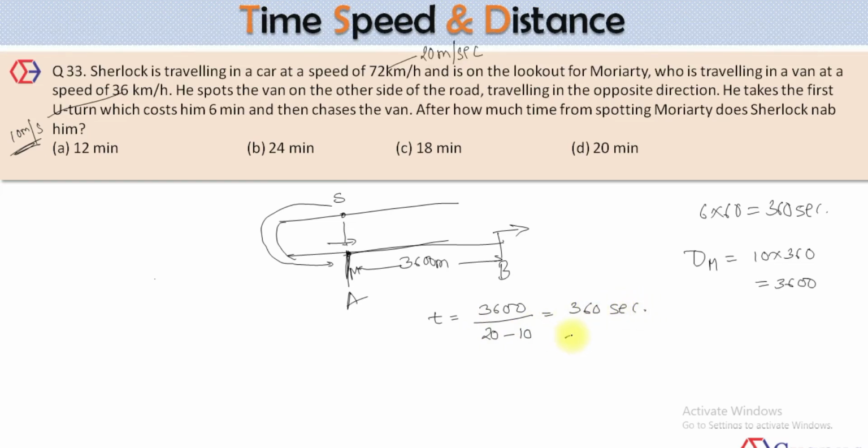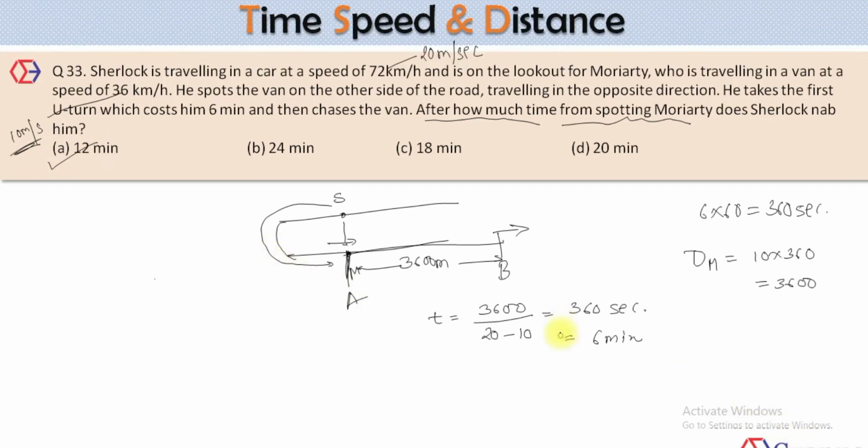Yes or no? 360 seconds means how many minutes? 6 minutes. So Sherlock needs 6 more minutes. After how much time from spotting will he catch him? He took 6 minutes to take a U-turn, and after that he needs 6 more minutes. So effectively the total time required will be 12 minutes. So my answer becomes the first option.